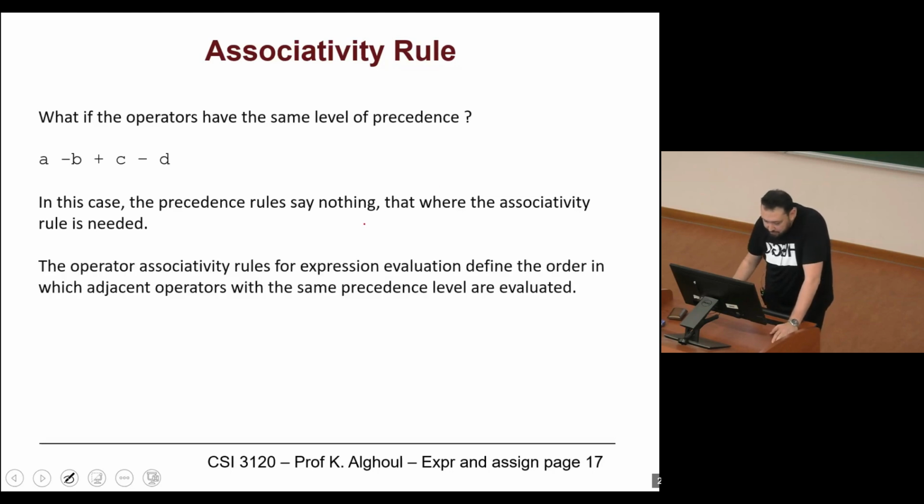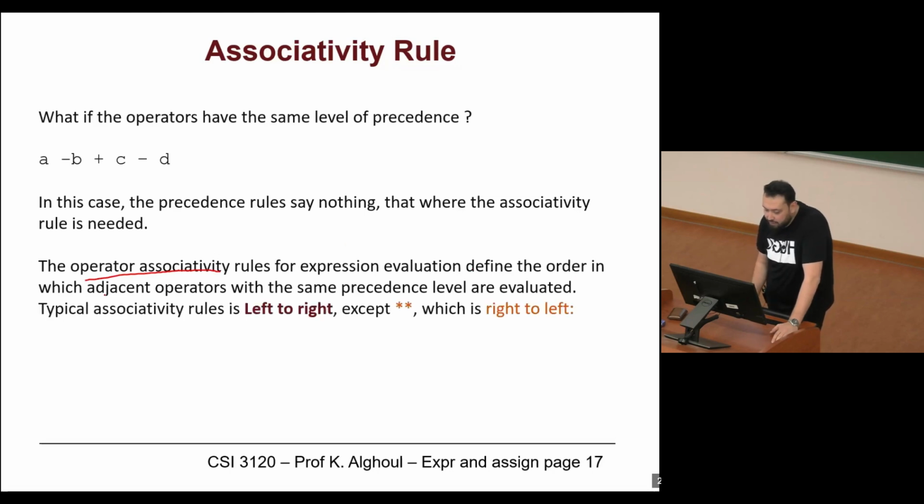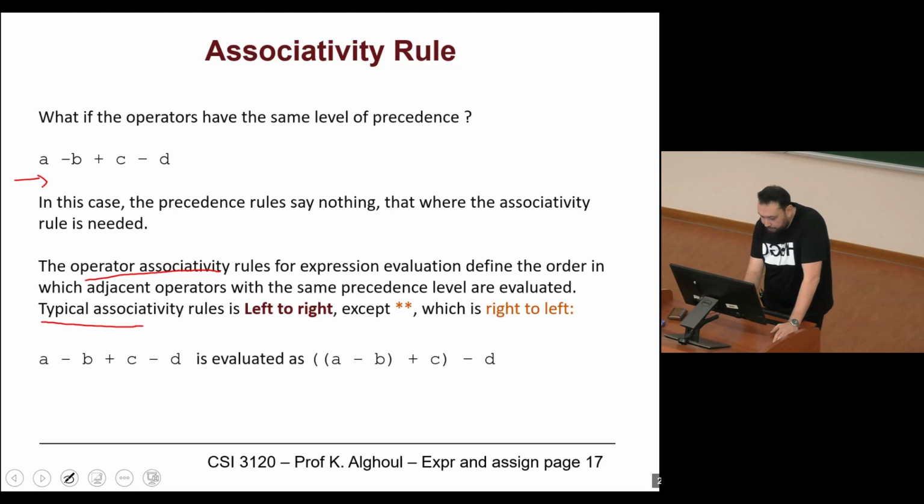So the operator associativity rules for expression evaluation define the order in which adjacent operators are evaluated. So for example, typical associativity, that's why we're saying typical associativity, that's in general, of course, we're going to go from left to right. But in the case of exponentiation, we cannot go from left to right. Why? For example, this case is left to right, A minus B plus C minus D. How is this solved?